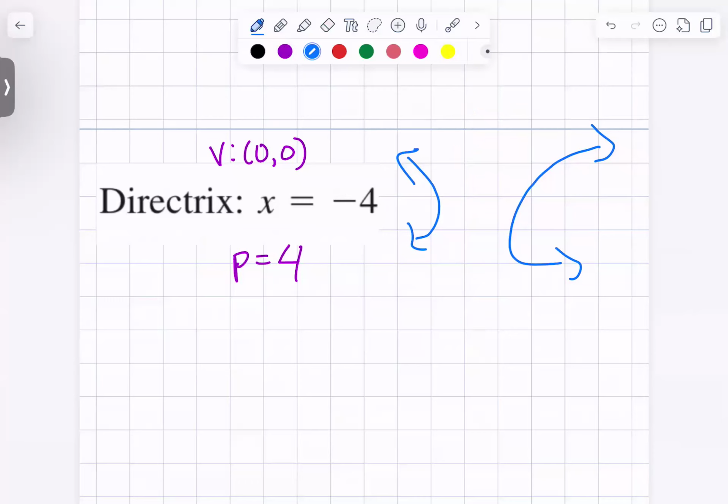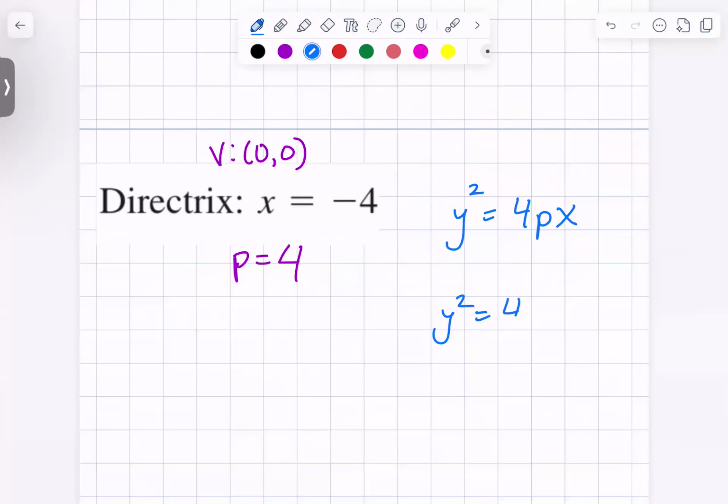And I know in a horizontal parabola, my function is going to be y squared equals 4px. So it's going to be y squared equals 4 times 4 times x, which is y squared equals 16x. Okay? Questions? No?